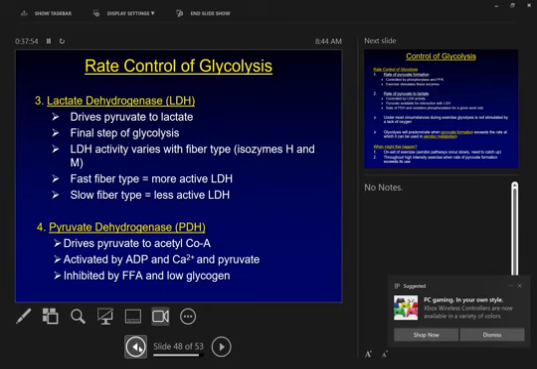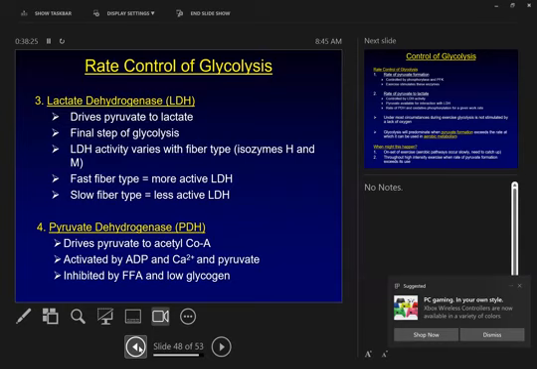So the other place that all of this is going to get controlled is by the ratio of activation between LDH and PDH. People that have more PDH, if they have more mitochondria, can stick more pyruvate into their mitochondria. People that have more fast-twitch muscle fibers have a more active LDH enzyme, and so more things are going to want to go in that direction.